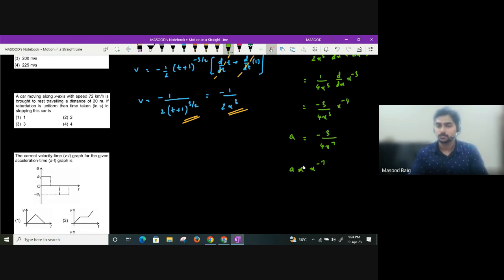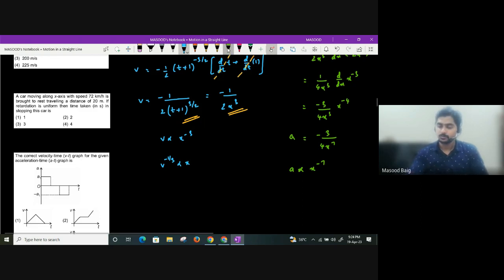Here you can write velocity will be proportional to x power minus 3. So if I see the proportionality, v power minus 1 by 3 will be proportional to x.